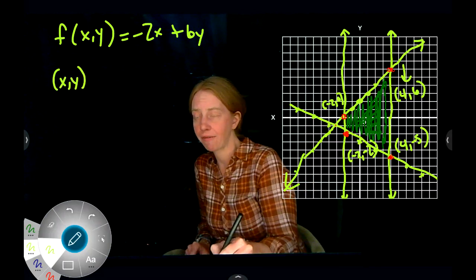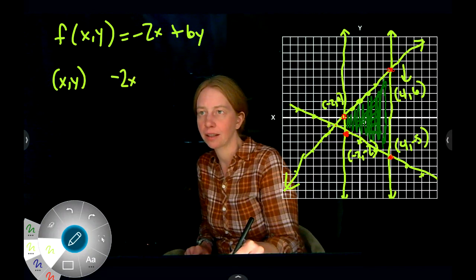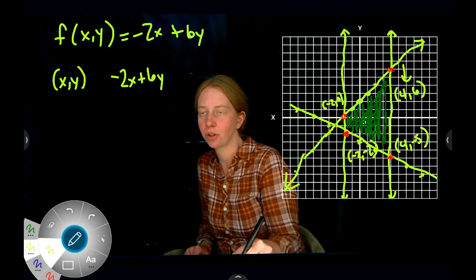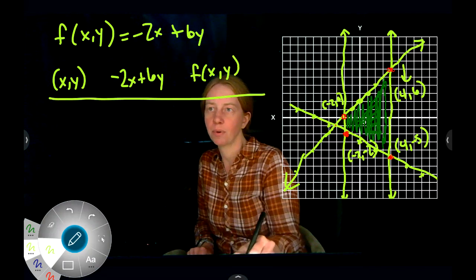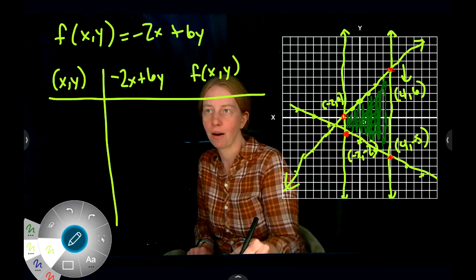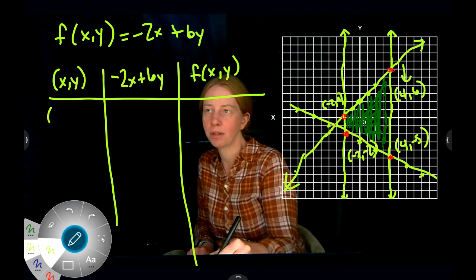So I'm going to put the X, Y values down here. I'm going to put what is -2X plus 6Y right here. I'll show you what I mean by that. And then we're going to put the F of X comma Y. So let's do this first example. One of our points is -2, 0.